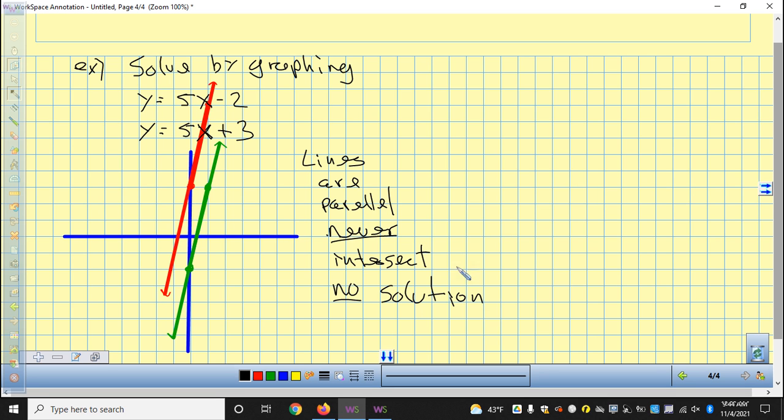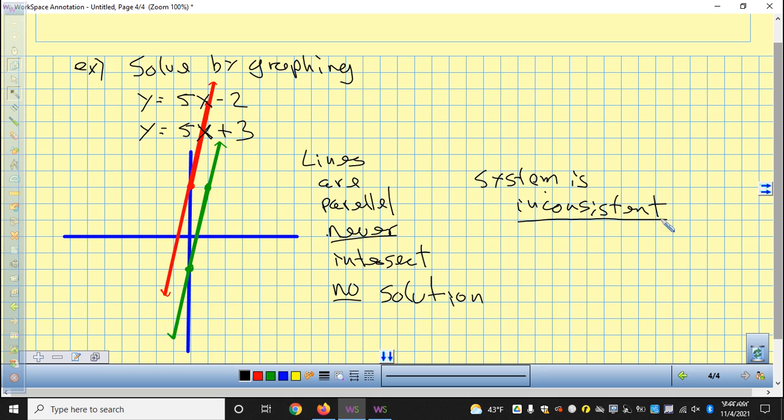And we call this system inconsistent. When there's no solution, the system is inconsistent. Yes? If one of the 5x's was negative 5x? Yes. Because then they make like a perfect X shape.